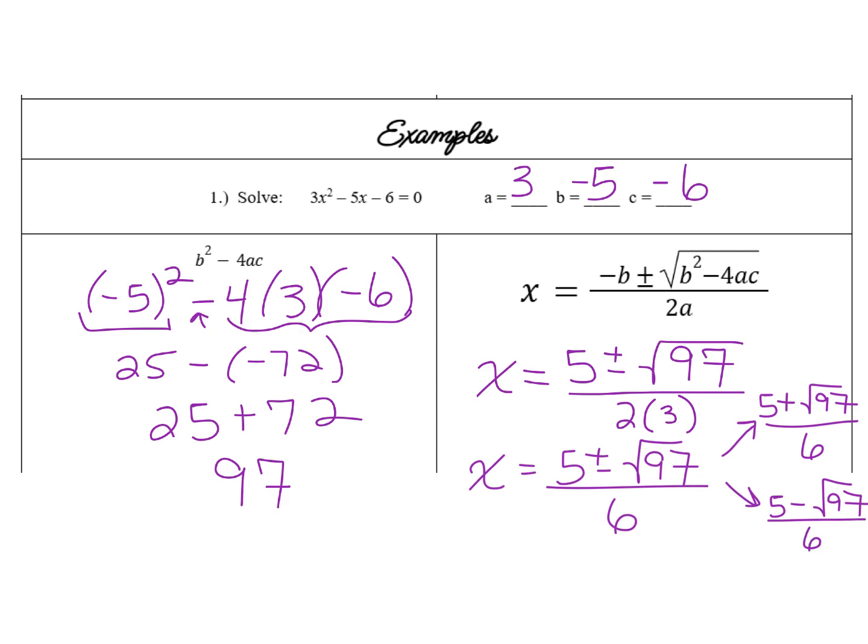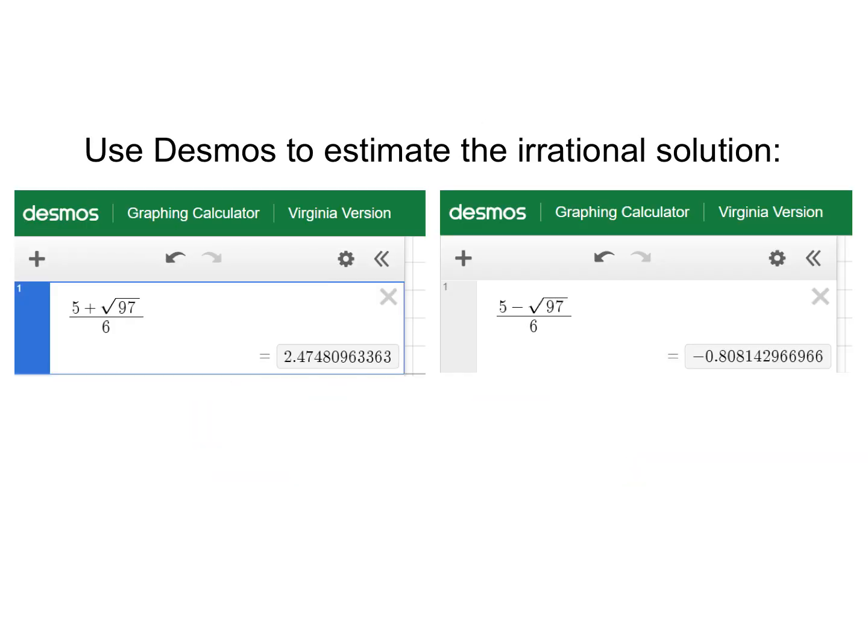Now, those numbers don't really mean anything to us, so that's when we go to Desmos. So just note that these are our exact answers, okay? So now we would take those exact answers and we would plug into Desmos exactly what they say, okay? So typically when I do this, I type in 5 plus the square root of 97, I highlight that, hit divided by 6, and then you would get this long decimal.